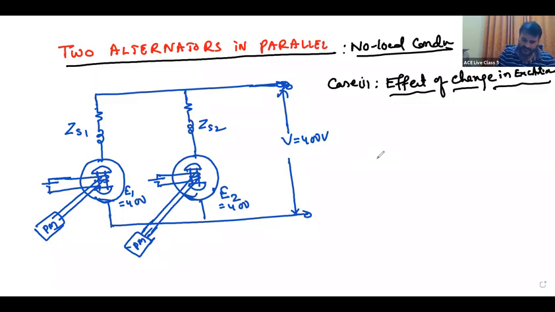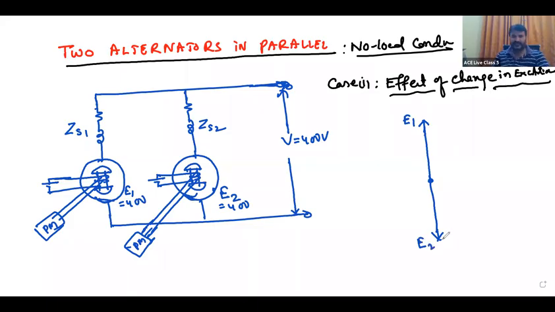First of all, for the generated EMF of the first machine, I can draw like this: the phasor of E1 and the phasor of E2, both taken in phase opposition with respect to the local circuit.